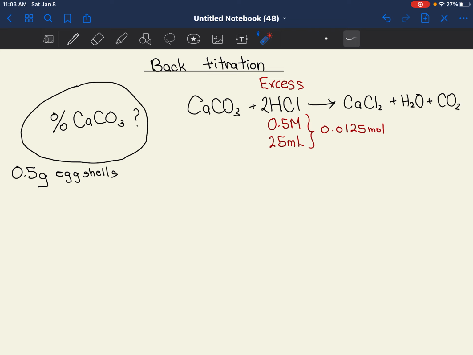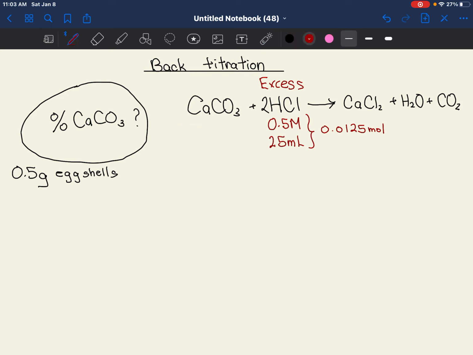Not all the HCl was used. There's going to be some here that are left over. The question is how much was left over? How much of that 0.0125 mole was unreacted with calcium carbonate?